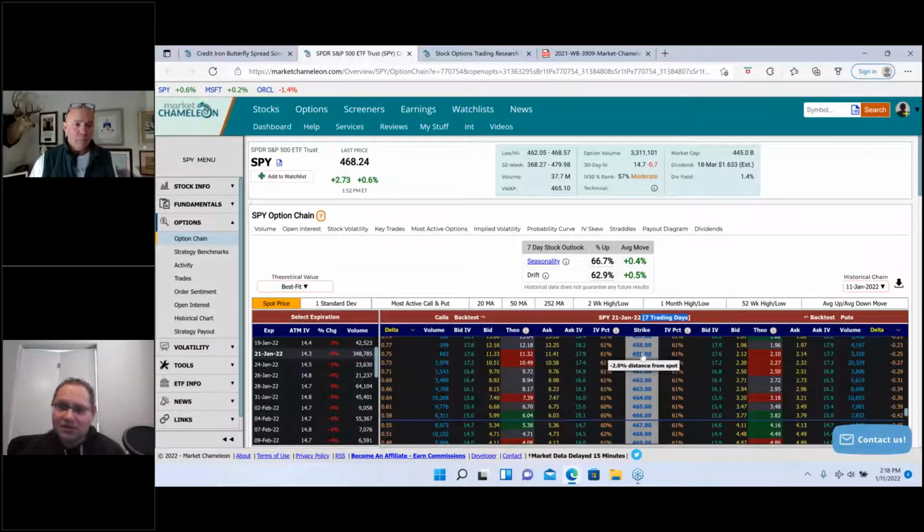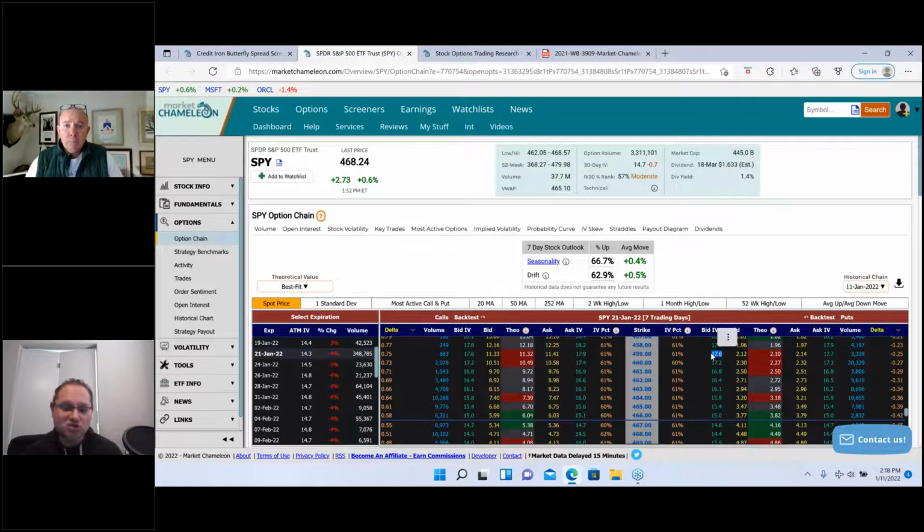That might be a completely inaccurate picture of what's going on in this particular option that I'm looking at, because it has different days to maturity. The strike price is further away than the money, and it's below. So now I'm looking at a completely different option, and I need to know historically if this option is high or low, okay?